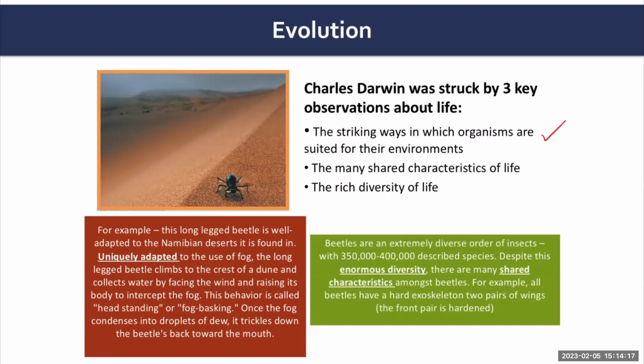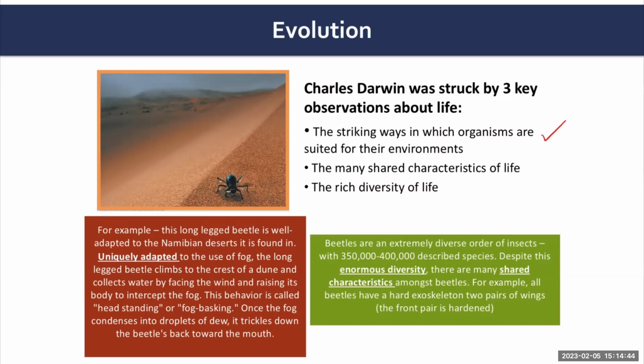So in his travels around the world, he was impressed by all of these different ways that organisms seem to match their environment. At the same time, he was struck by the many shared characteristics of life. So those things that all living things share in common, right? The characteristics that all life does, right? We all require energy. We all grow and develop. We all regulate an internal environment, even as the external environment is changing.